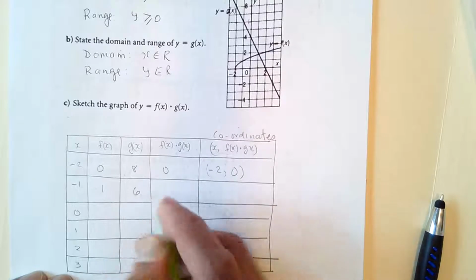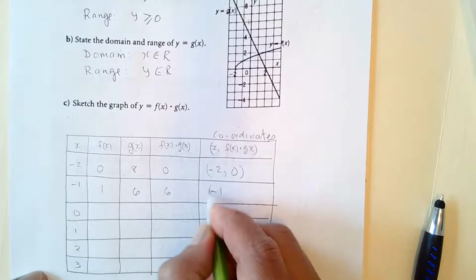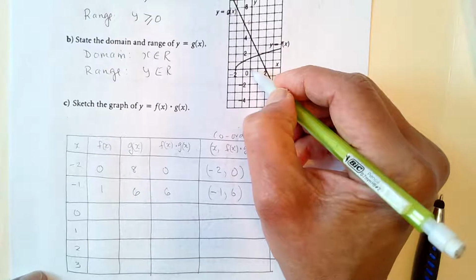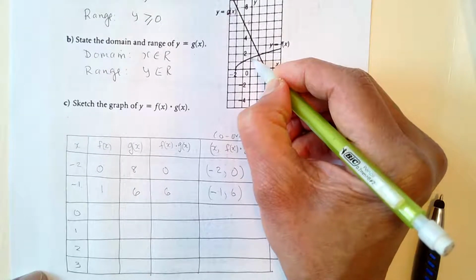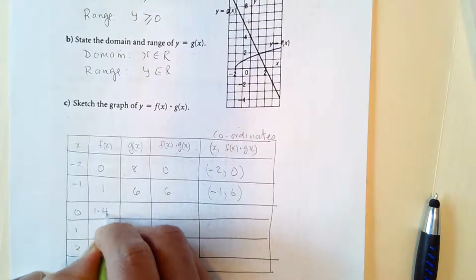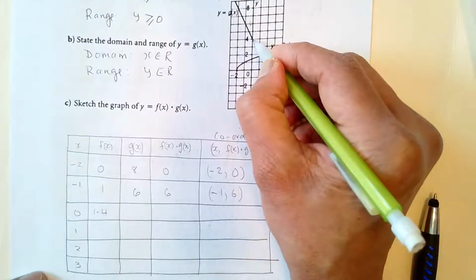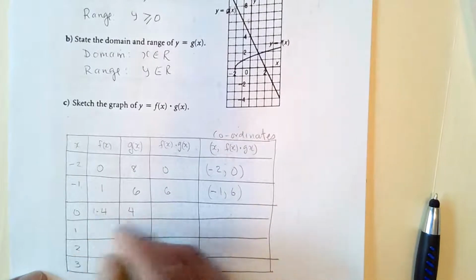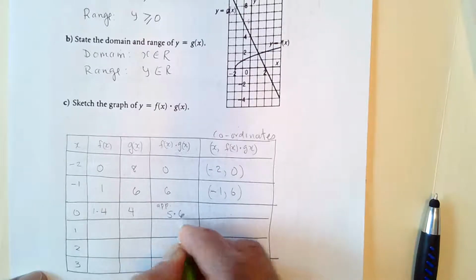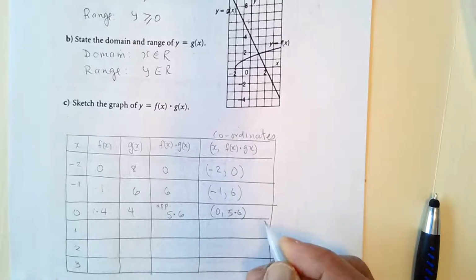So 1 times 6 is 6. So my point here is -1, 6. Now x is 0, f of x is approximately 1.4. g of x is 4. So 4 times 1.4 is approximately 5.6. So we can say x is 0, y is 5.6.